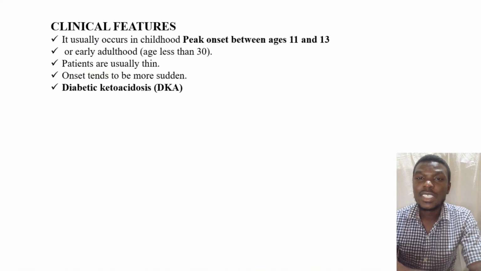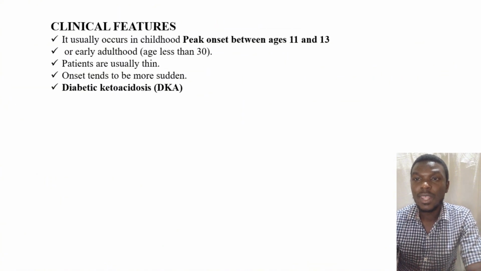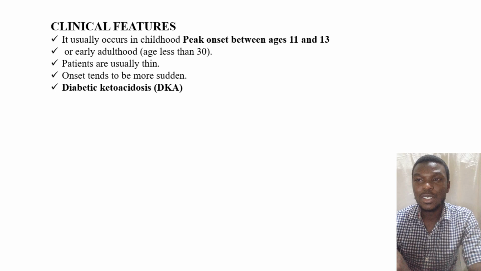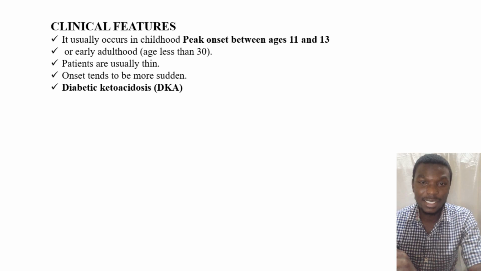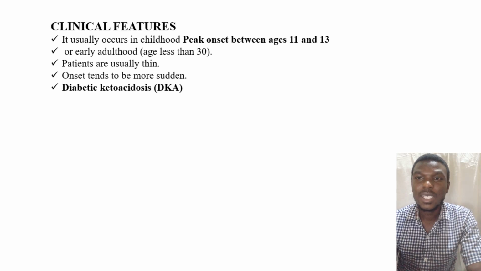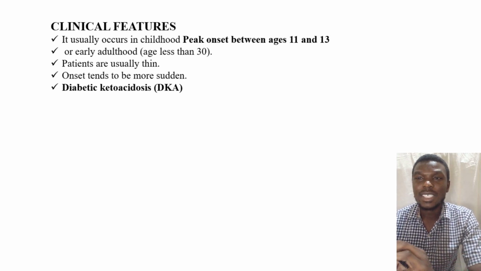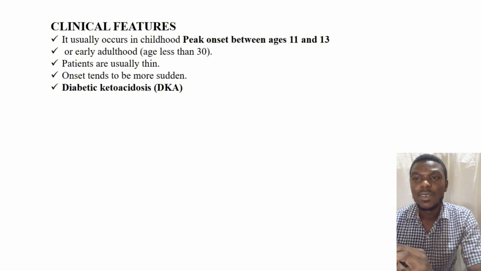So the clinical features of type 1, usually it occurs in childhood. Peak onset is between 11 to 13 years, or in young adults less than 30 years. And then patients are usually slim. Onset tends to be more sudden.